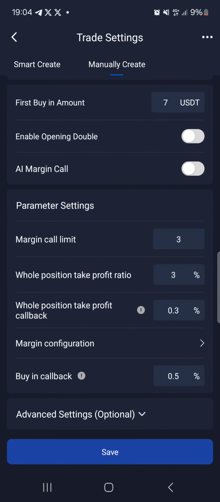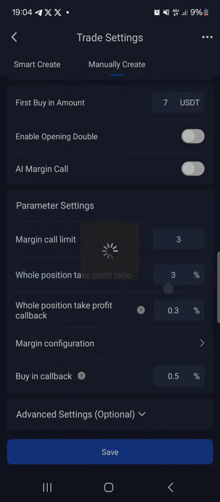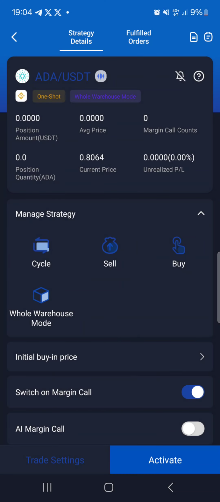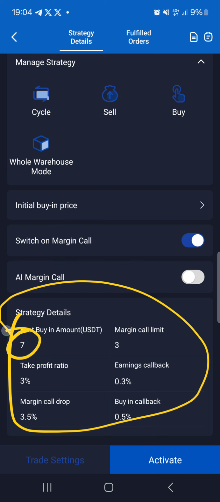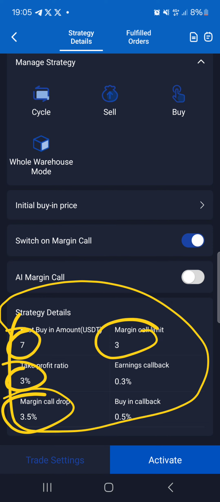And there you have it. That's it. You are now set to save your strategy in that particular coin, and they will bring you to this page where they show you the summary of your strategy. I want to trade first buying amount $7, take profit 3%. First drop, the robot will buy after the price goes down with negative 3.5, and it will do 3 margin calls.